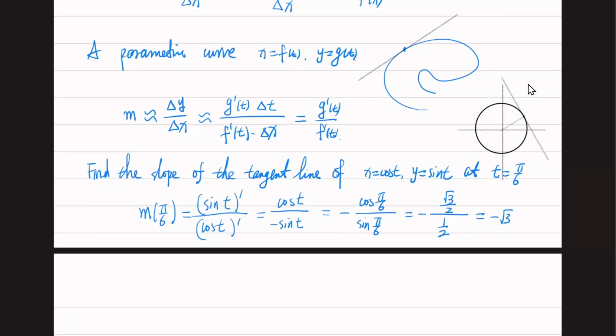Okay, so what we found is the slope of this tangent line at pi over 6. Okay, so let's have a 5 minute break and we resume at 55.